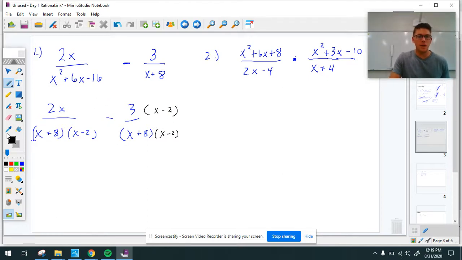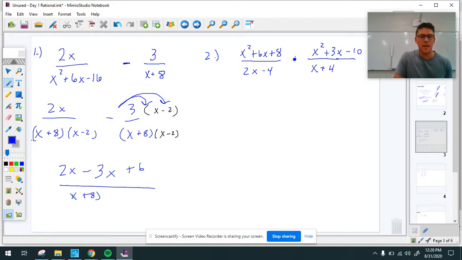So then you got to make sure you be very careful with this distribution. You need to multiply in not only this 3, this -3, if you want to combine it all in one step right away. So this becomes 2x and then minus 3x plus 6, all divided by x plus 8 and x minus 2.